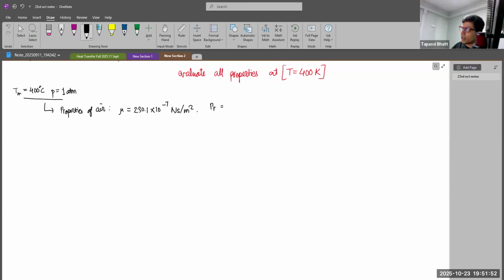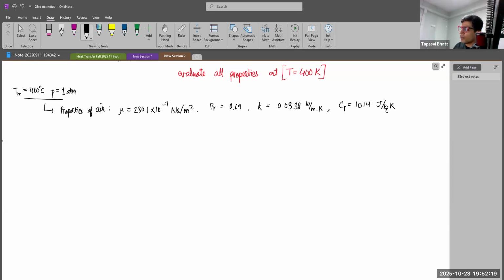Prandtl number is 0.69 as usual. K, the thermal conductivity, is 0.0338, which is also typical for air. And then we have Cp as 1014 joule per kg Kelvin. Either these properties will be given to you or you'll have to look them up in the textbook.